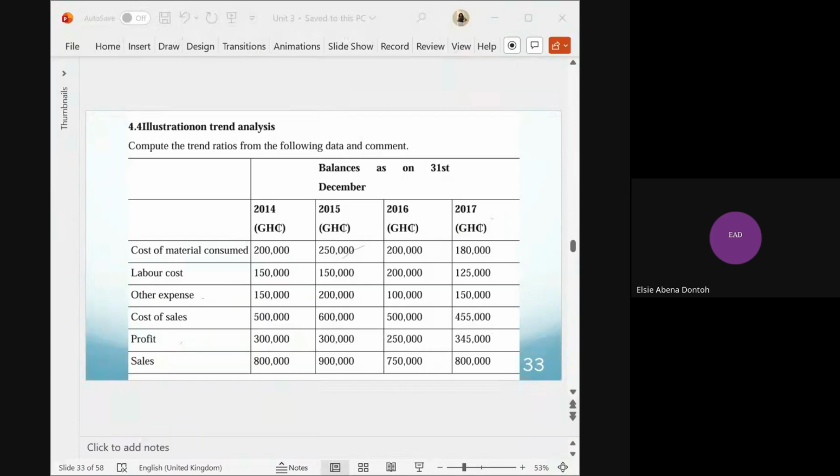I'm saying that for cost of material consumed, for 2015, it will be the value of the item, 250,000 divided by 200,000 times 100. What will we get?